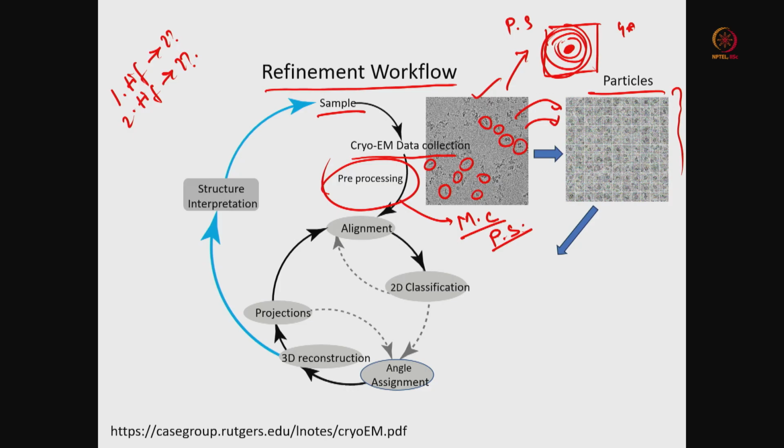We have the image, we convert it, and then we do the motion correction, we calculate the power spectrum, and we also do the CTF estimate, the contrast transfer function estimate. From there we will get the defocus value and CS value that we are going to apply when we do the data processing. All of those things are called pre-processing.